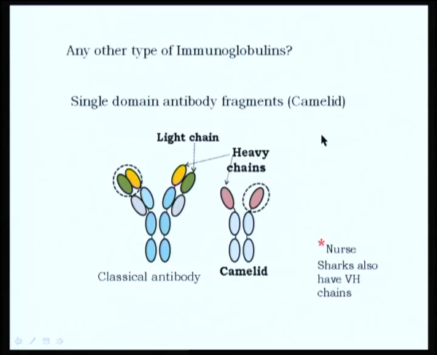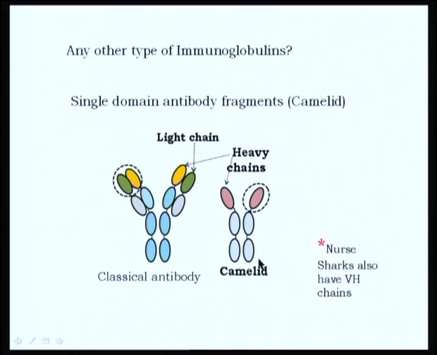Now, interestingly, it was found that 33% of the immunoglobulins in camels is made up of two heavy chains only. But just to recapitulate your memory, it is two heavy chains and two light chains which comprise the classical antibody, and the N termini of both these chains make the antigen binding pocket.